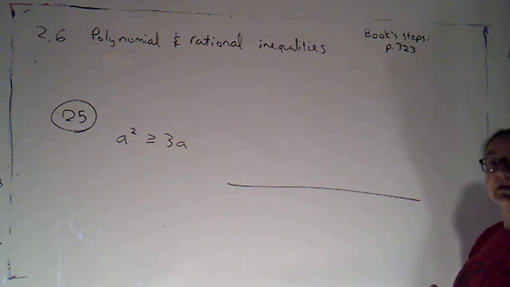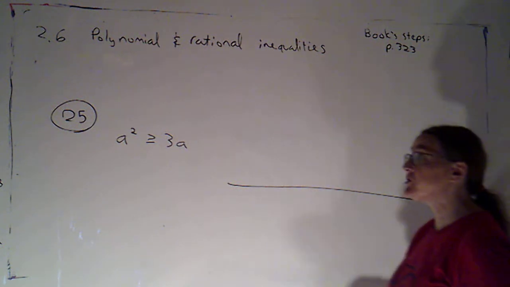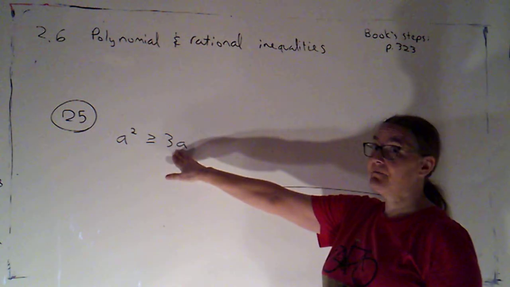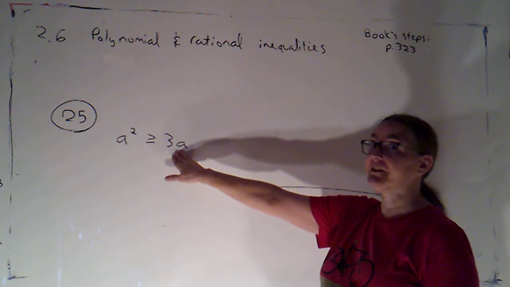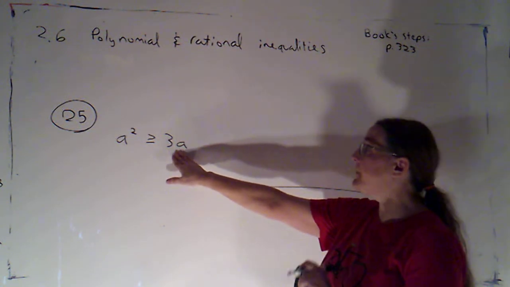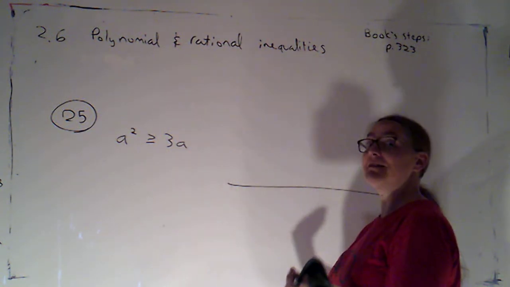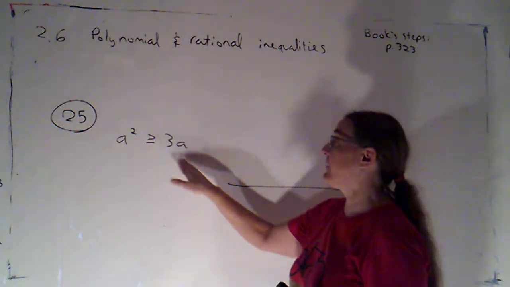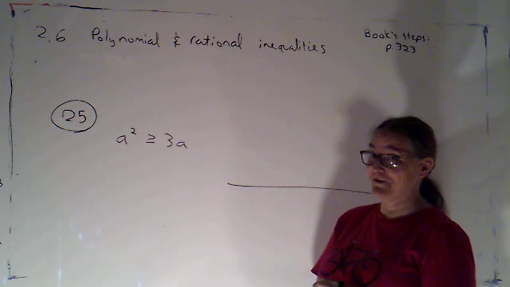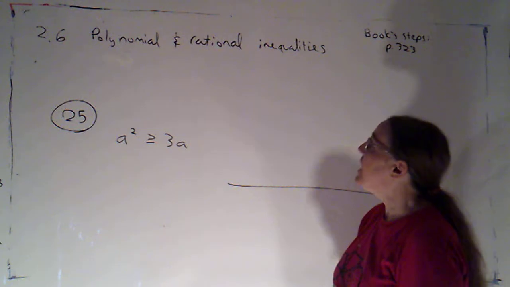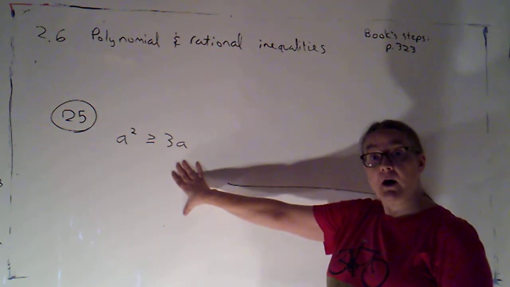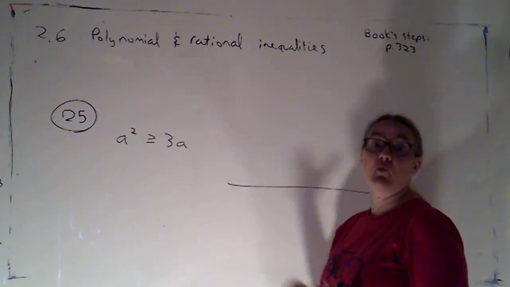But you can go through this same process. I will just point out that here, that's not 0. So you've got a little bit of work to do in that first step so that you're comparing something to 0 instead of comparing two expressions, neither one of which is constant at 0. So go ahead and try that problem, and then in the next video we'll work through it together.